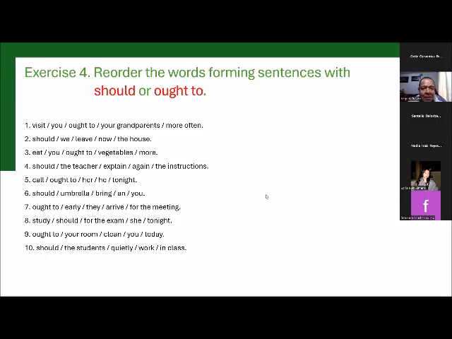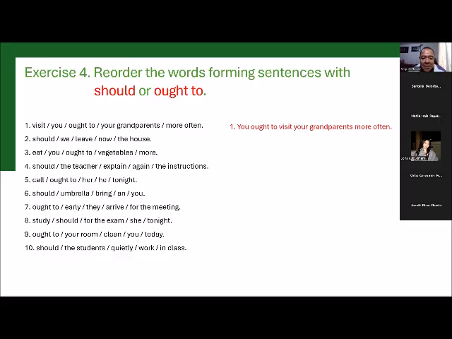Frida Jimena, the number 1, please. You ought to visit your grandparents more often. Yes, thank you so much. Okay. Number 2.